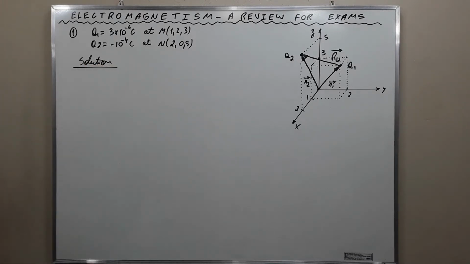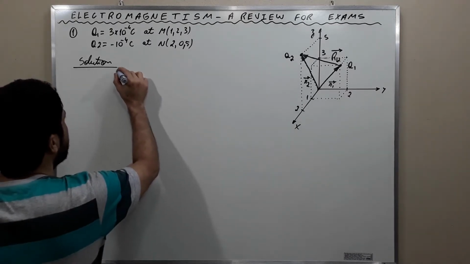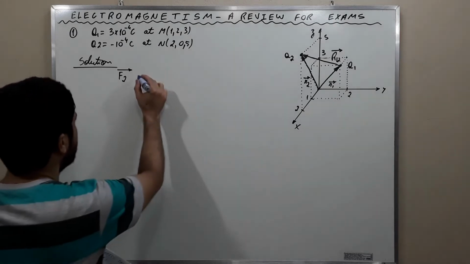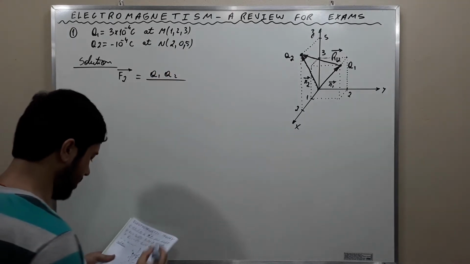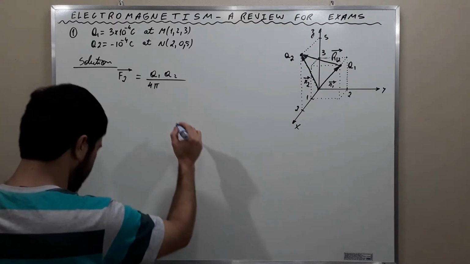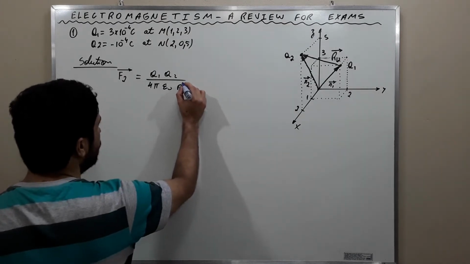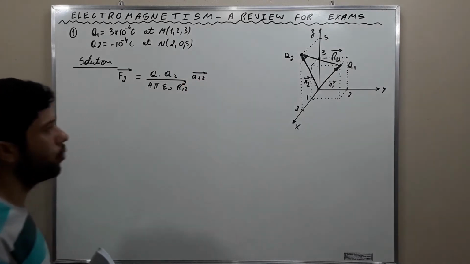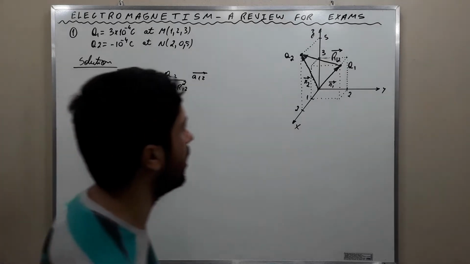The electric force exerted by Q1 on Q2 can be found by F2, the force on Q2, is equal to Q1 Q2 divided by 4 pi epsilon 0 R12 squared, times A12, where A12 is a unit vector in the direction of R12.